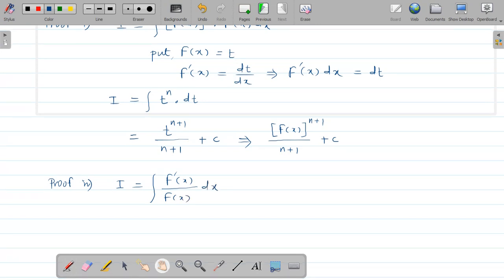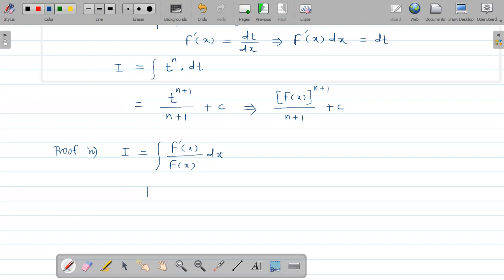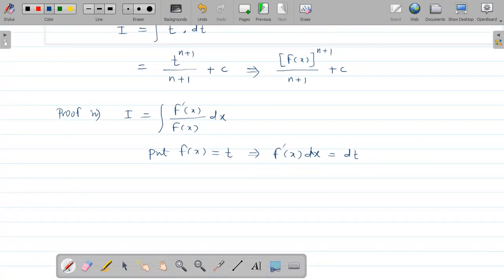Here also, if you put f of x equal to t, then in a similar way we get f dash x dx equal to dt. By this, the given integration converts to, see here, f dash x dx means dt and f of x means t. So we get the integration of 1 upon t dt.